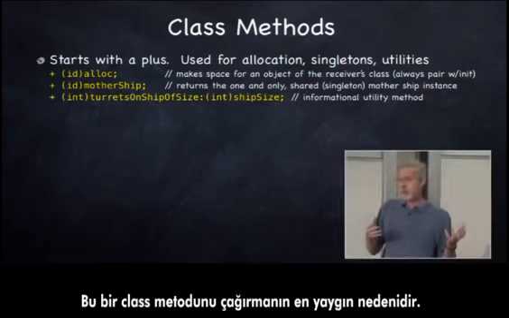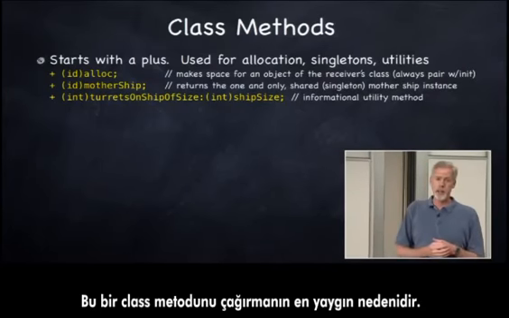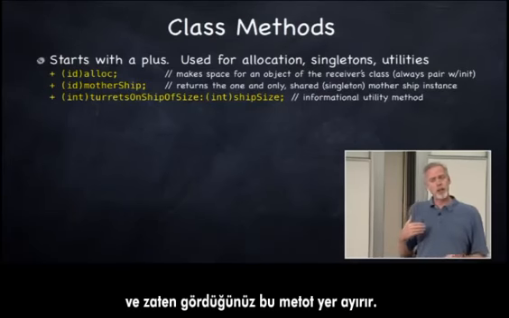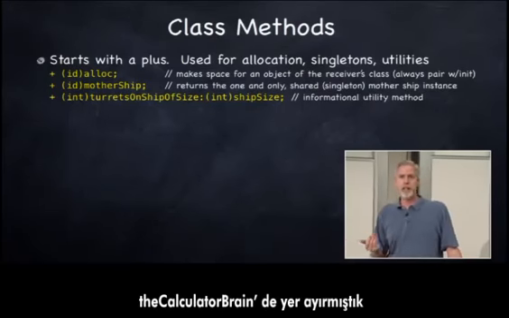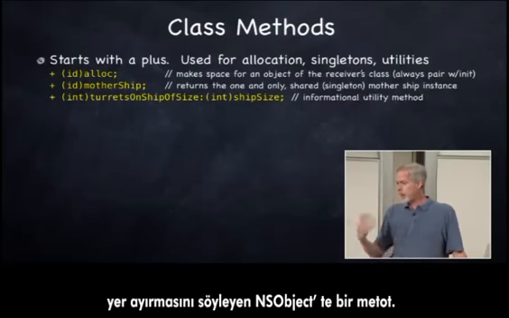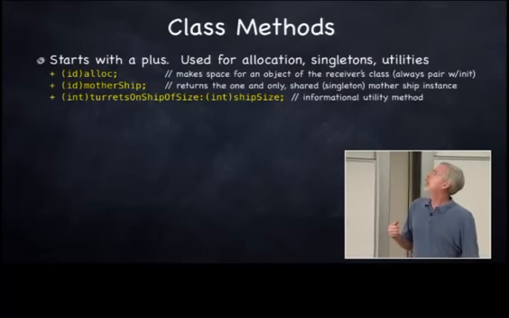This is the most common cause of calling a class method, you need to allocate memory for it. And so this method alloc, which you've already seen, the calculator brain, we alloced it. That alloc is just a method in this object that says allocate enough memory to hold this object, all its instance variables. So that's what alloc means. You send that to the class.